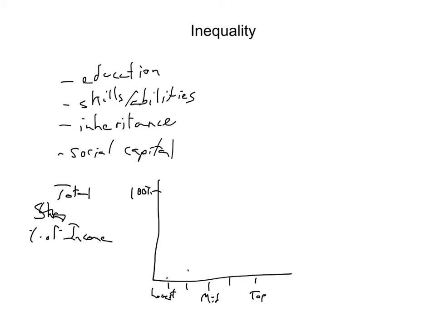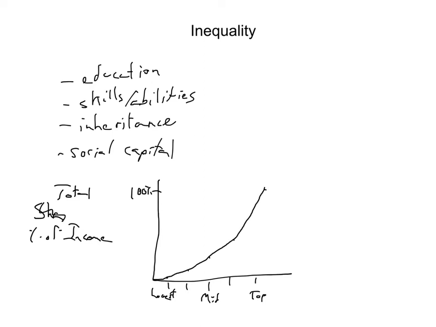Okay, this is all added together. So this is the amount earned by the lowest 40%, this is the percentage earned by the lowest 60%, this is the percentage earned by the lowest 80%, and then of course once you get to the top it has to be 100% since you're adding together everybody's income, and you get a curve that looks something like that.